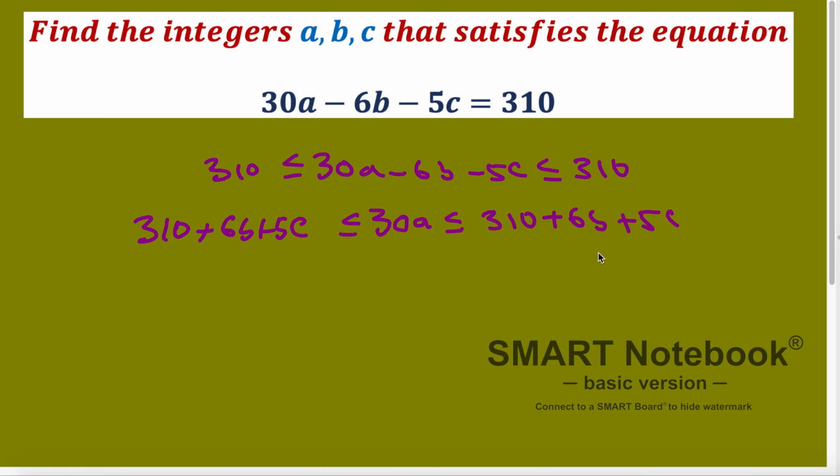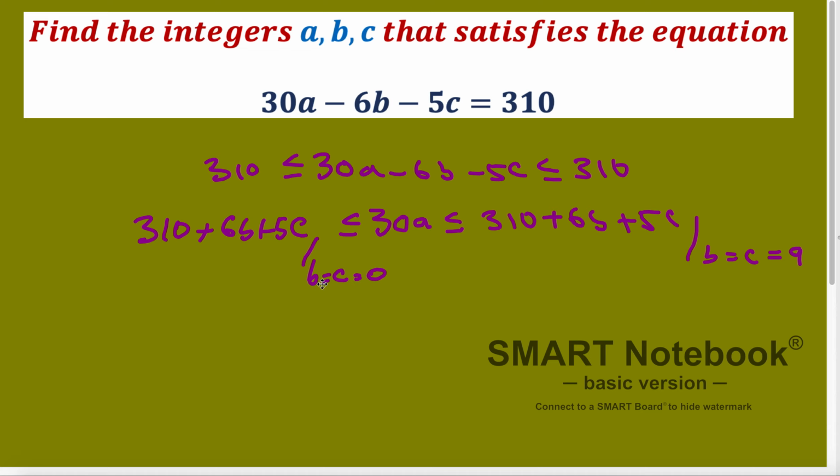And now we are taking some integer between 0 and 9 that satisfies this inequality. Let's say on this side we take b equal to c equal to 0. But on the other side, let's say b equal to c equal to 9.